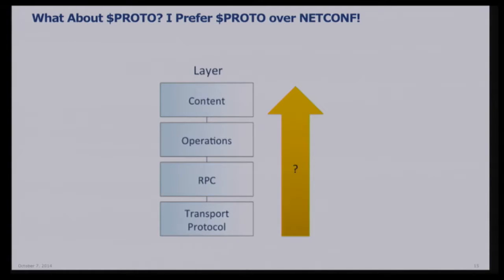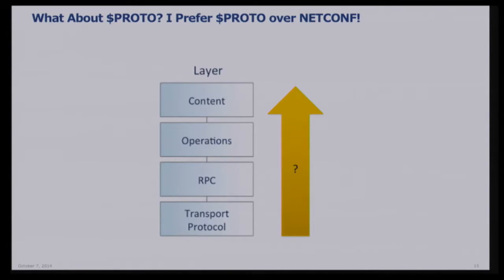I also always get this question, what about $proto? Maybe someone has a particular liking to things that exist like OpenFlow or things that don't exist like I2RS or whatever it is. My usual question back is that it depends on what you're looking for. If you're looking only for a transport protocol, then yes, HTTP would be great for you. If you need a transport protocol with RPCs, look at REST.